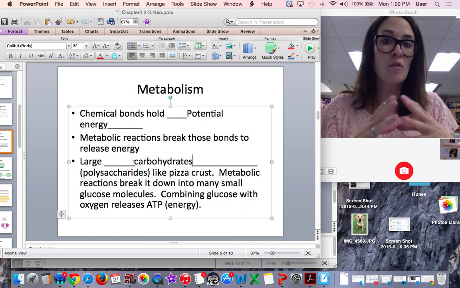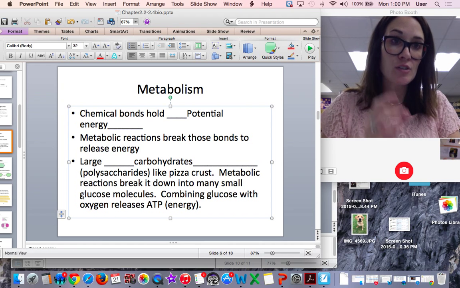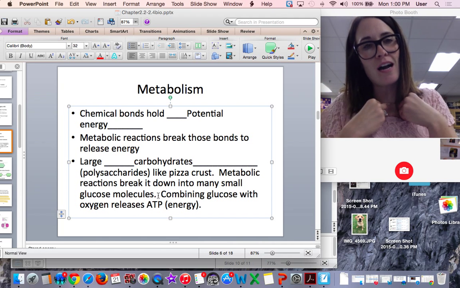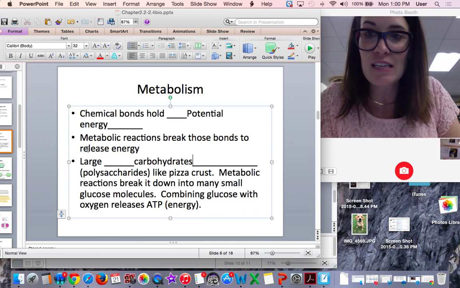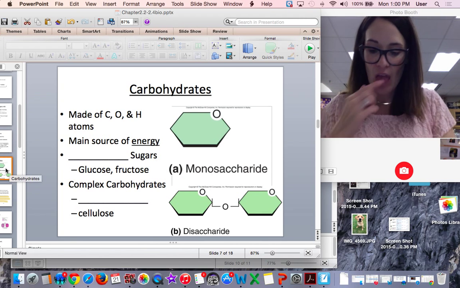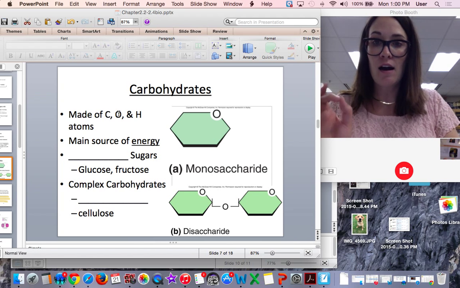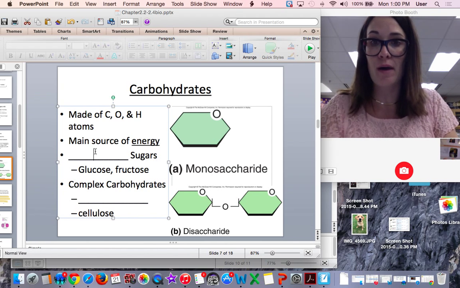The smallest carbohydrate is called a monosaccharide, specifically one like glucose. Then your body will combine the glucose with oxygen inside your cells to release this energy called ATP, which we'll talk more about later. Carbohydrates are made of carbon, oxygen, and hydrogen atoms, and they're the main source of energy for your body.